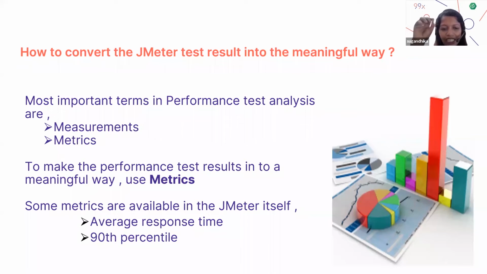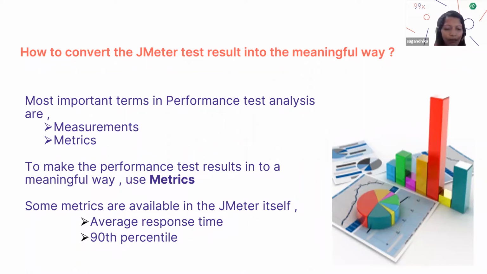If you consider one sample out of all these samples, there will be a response time of 10 seconds, let's say 10 seconds. There will be another response time of 5 seconds. There will be another response time of 1 second. So likewise, there will be different types of response time.